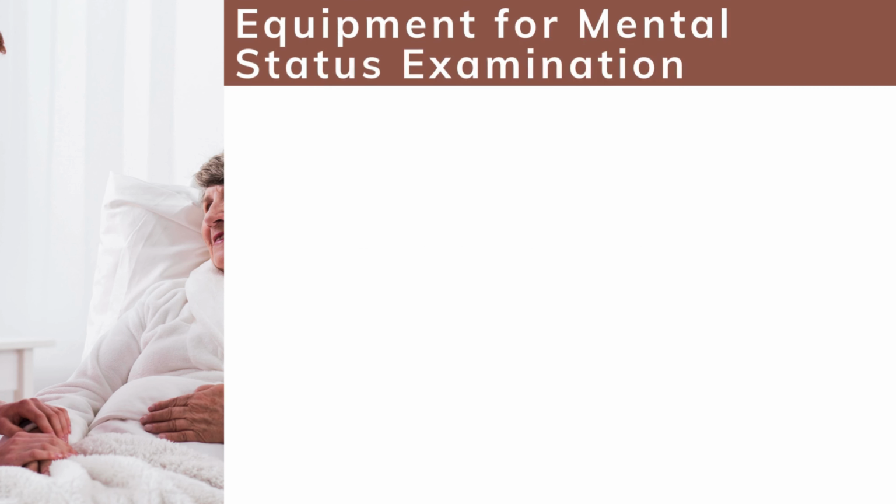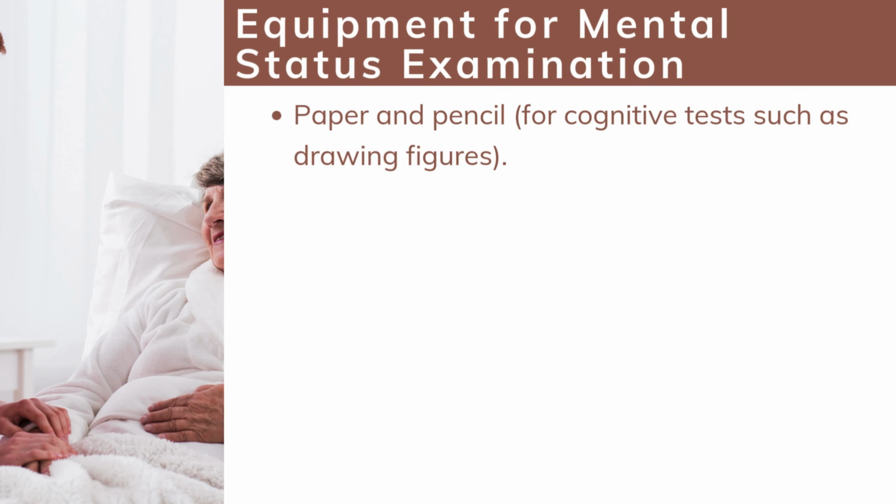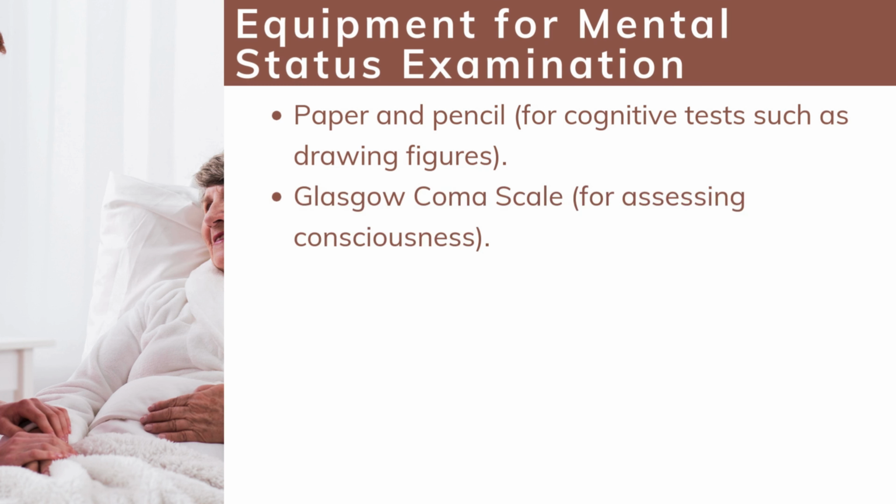For objective mental status assessment, we use several essential tools, including paper and pencil. These are used for cognitive tests such as drawing figures or recalling words. The Glasgow Coma Scale.